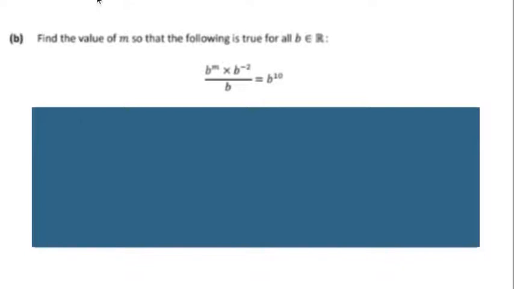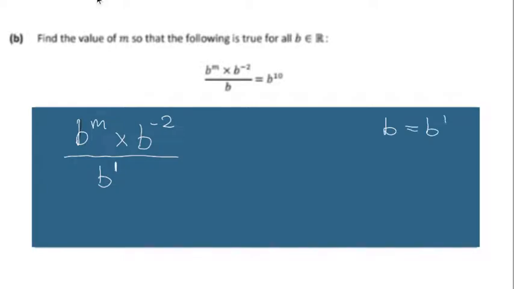So we're going to go with b to the power of m multiplied by b to the power of minus 2. So that's the original series rule we were working with. And then below we have a fraction, but we're going to apply the power of 1 to the b. So b is equal to b to the power of 1.